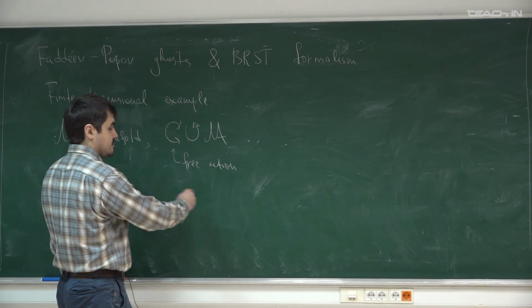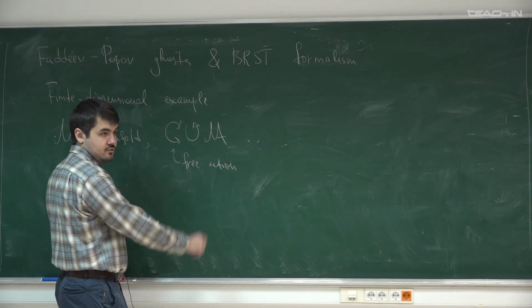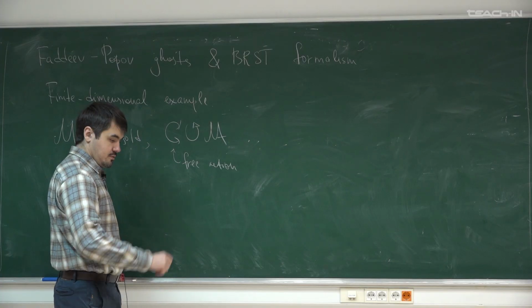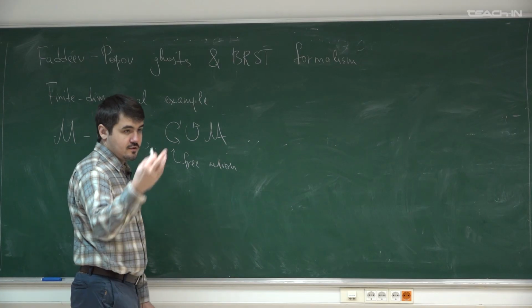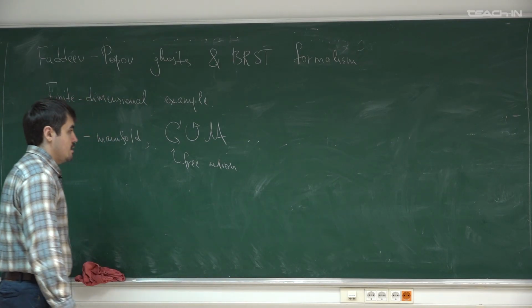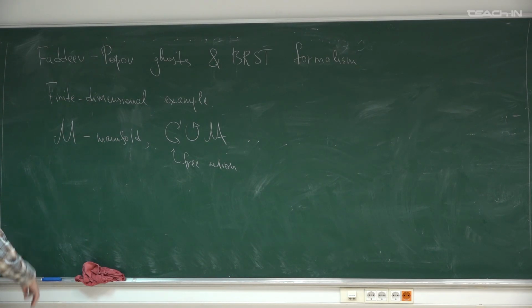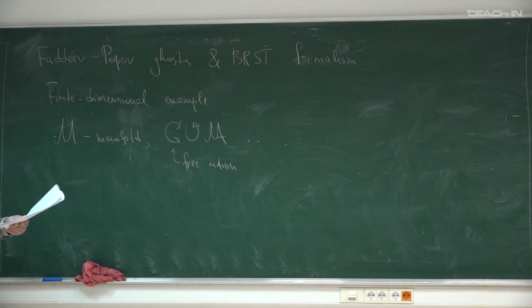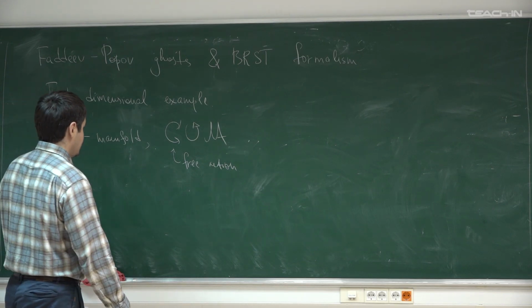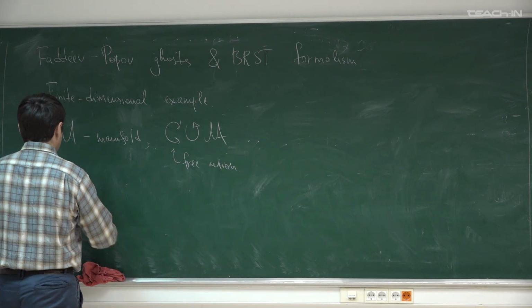Of course, this is a very special situation. Not all actions are free actions. For example, the rotation of a sphere around an axis is not a free action because it has fixed points. But this can be generalized to various other settings; this is just the easiest one to discuss.